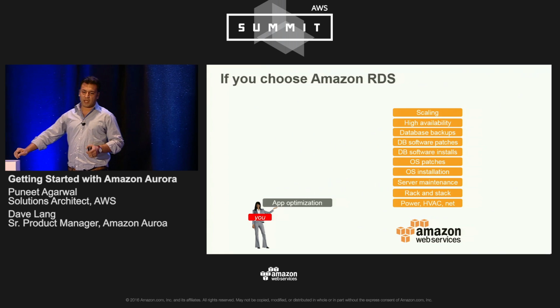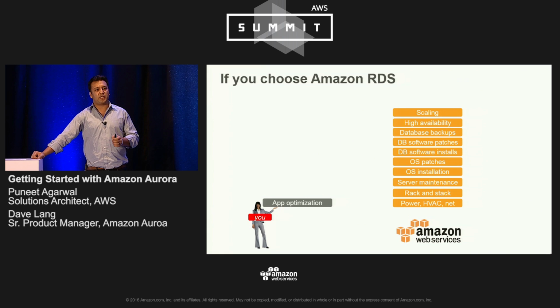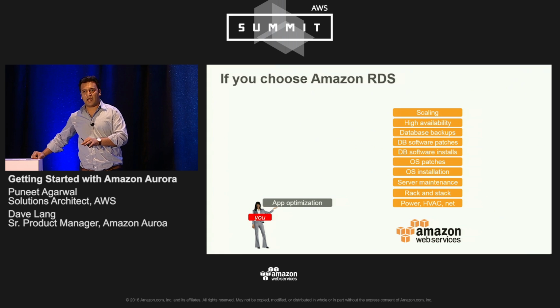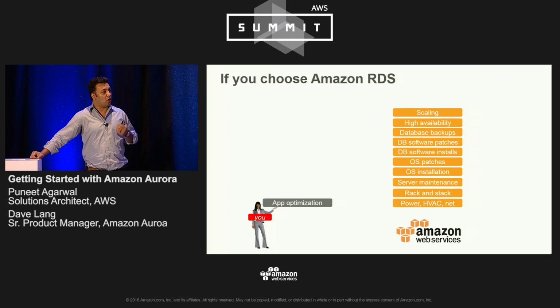But if you choose Amazon RDS, we take care of a lot of undifferentiated heavy lifting on your behalf. So everything that you see on the right-hand side is taken care of by the automated services in RDS, and that gives you a lot of time to focus on your application optimization, creating better indexes, creating better schema, tuning your queries, and so on and so forth.